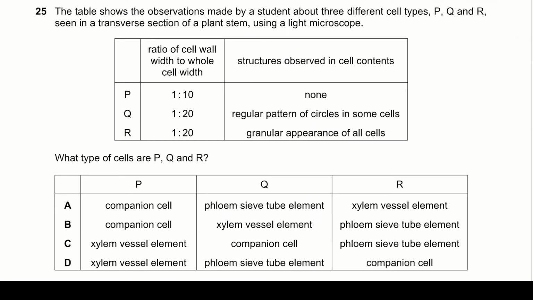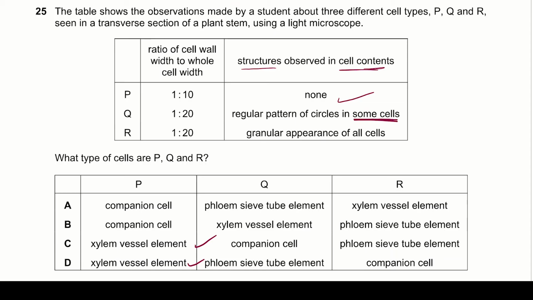25. The table shows the observations made by a student about 3 different cell types P, Q, and R. Let's start. P, it says here structures observed in cell contents, and it says none. If it's none, then it's definitely going to be xylem vessel elements because these are hollow tubes with no organelles. Q, regular pattern of circles in some cells, indicates that this is the phloem sieve tube elements.